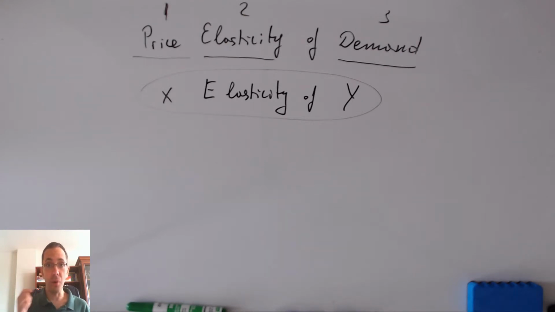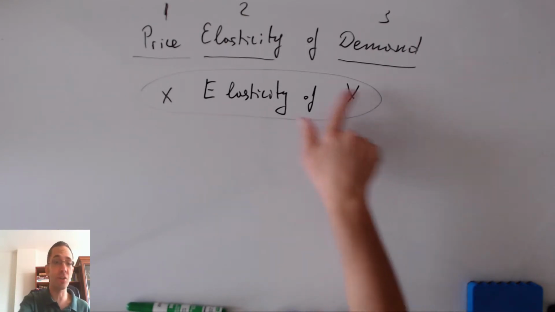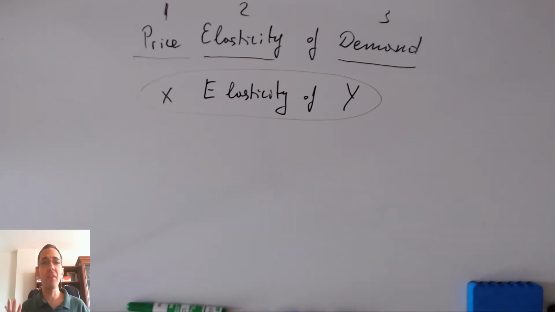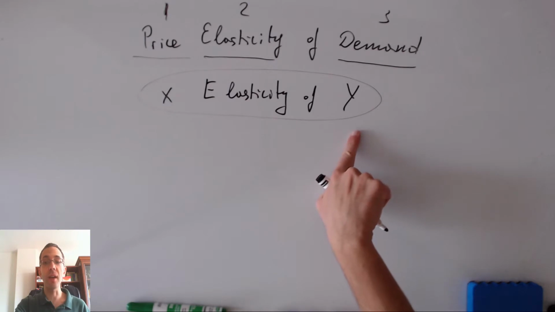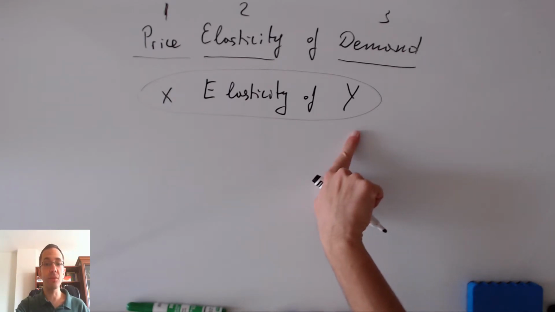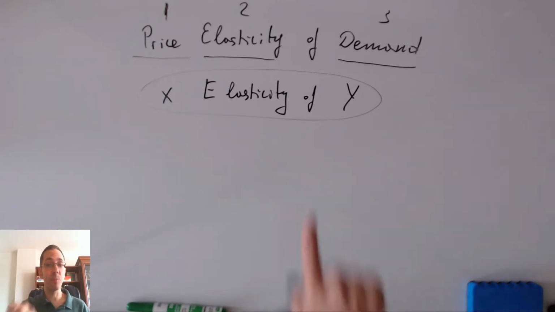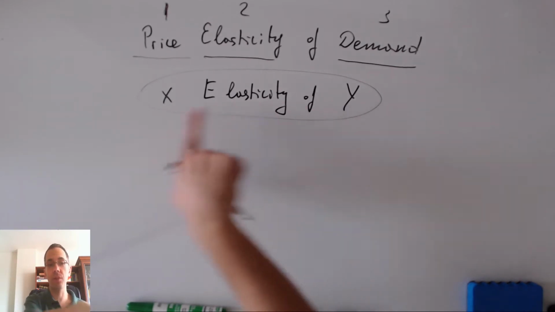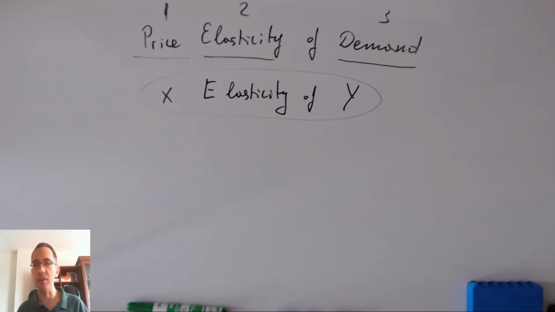But the point is, if you understand how this expression works and what is its meaning, whenever someone throws an elasticity term at you, you'll be able to understand what they're talking about. So X elasticity of Y. The definition for this would be the responsiveness of Y with respect to a change of X. Let's write that down and we'll see what it means.